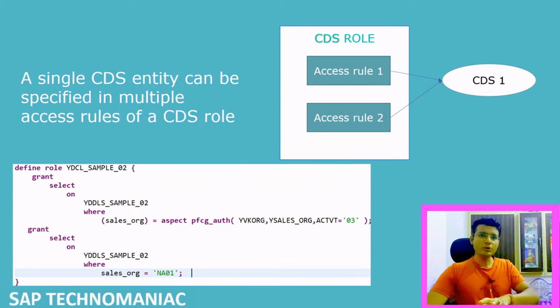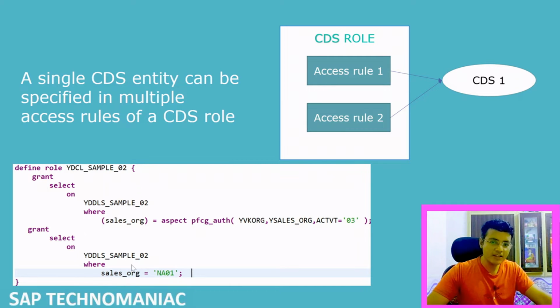As I told you, in one CDS role we can define different access controls for the same CDS entity. In this case, you can see how they will be combined. If we don't define anything, these conditions will be combined based on OR condition. Either this should be satisfied or this should be satisfied.